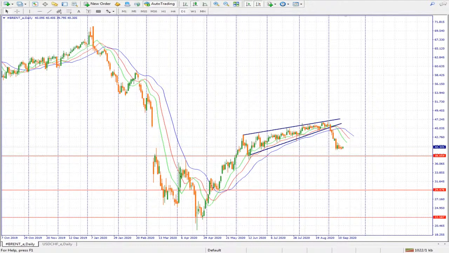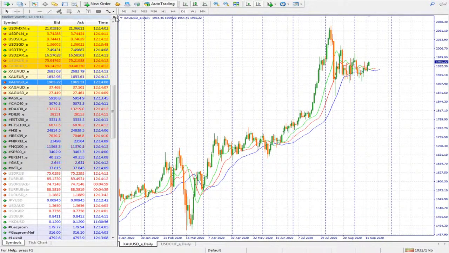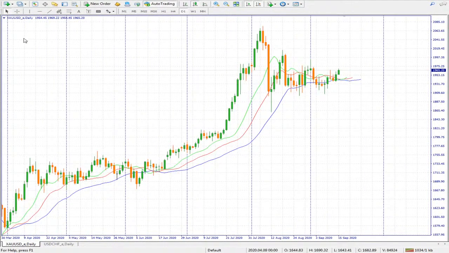So let's move forward. Let's see what we have on our next chart. I will look at gold. This is how gold looks on my side. We are somehow in a range. The price is not going below the lower trend line, but somehow it has now gone above this line here, the one at the top.